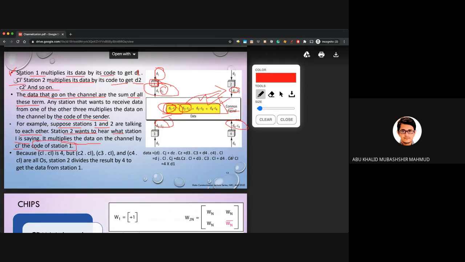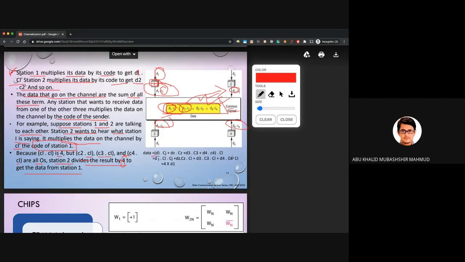Because C1 times C1 is 4, but C2 times C1, C3 times C1, and C4 times C1 are all zeros, station 2 divides the result by 4 to get the data from station 1 only.